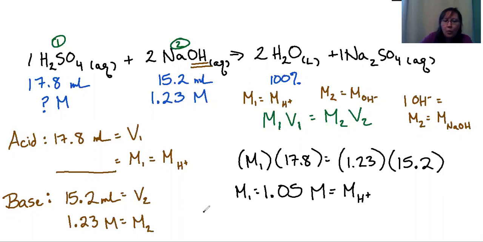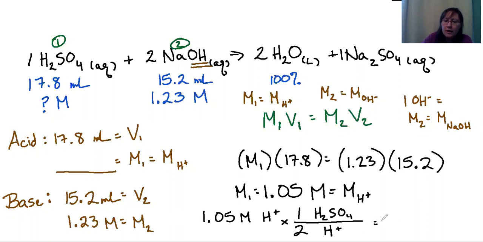If we have 1.05 molar H plus ions, and we have 2 H plus ions for every 1 H2SO4, then 1.05 divided by 2 gets us 0.525 molarity for H2SO4.